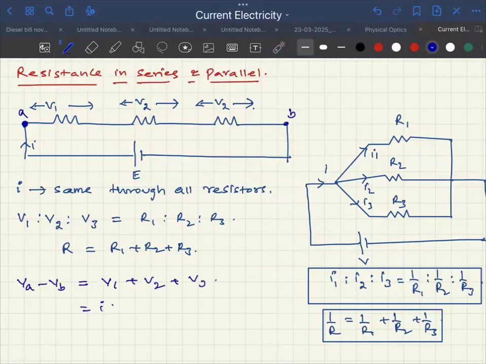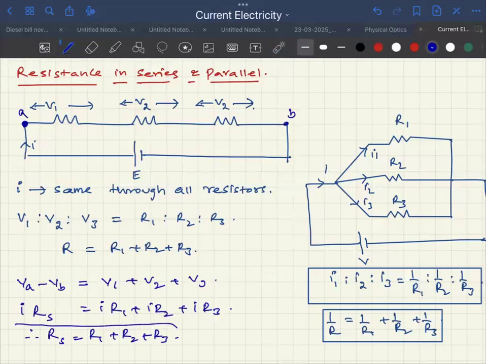V1 is nothing but IR1, V2 is nothing but IR2, V3 is nothing but IR3. As a whole, if you represent all three together as one single resistance, it is R. So therefore, series equivalent resistance is R1 plus R2 plus R3. This is the general formula.